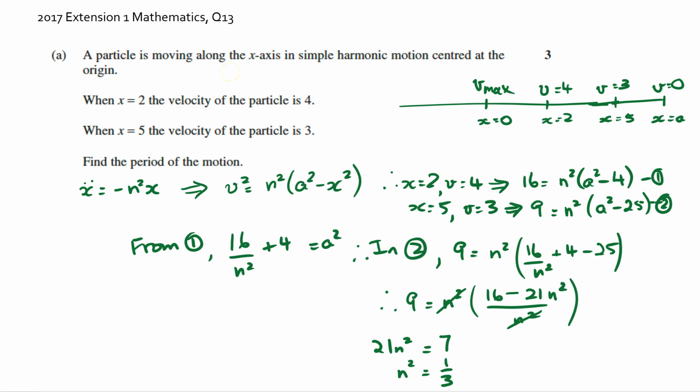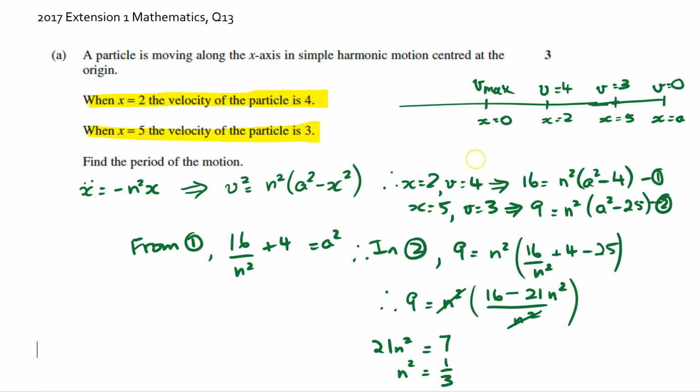Now let's have a look at a question from the 2017 Extension 1 paper. So we're given one statement about the value of displacement and velocity, and another one. We can see that as the displacement gets bigger, the velocity is decreasing.